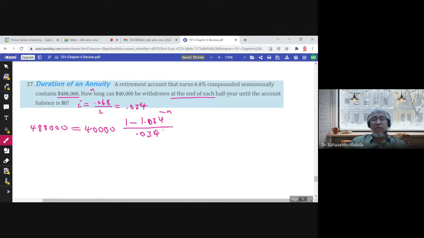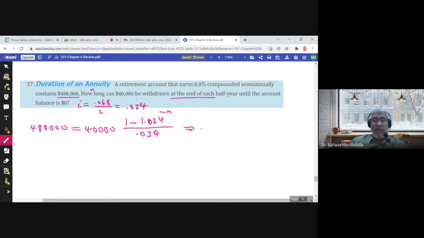So it's an ordinary annuity. So how to solve this? We start by dividing both sides by 40,000, and then multiply by 0.034 and applying ln to both sides after taking one to the other side.